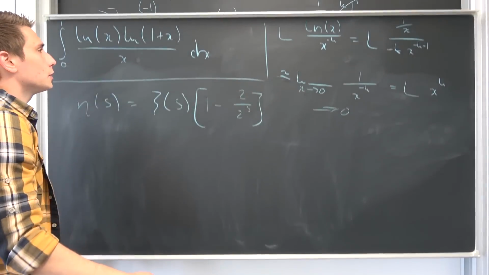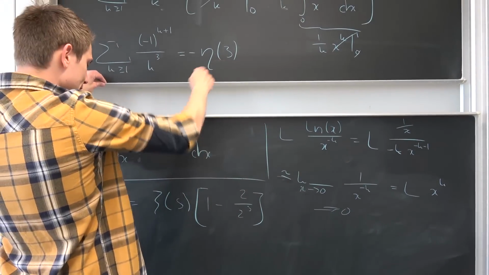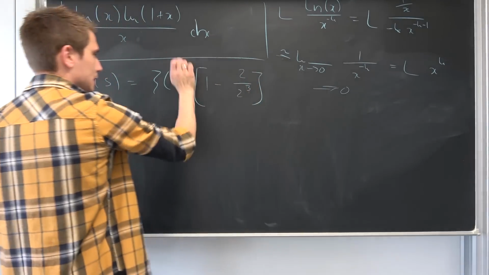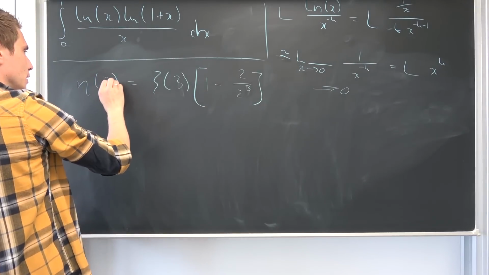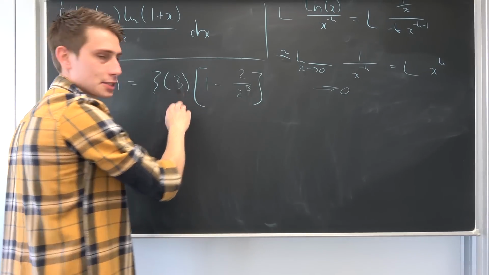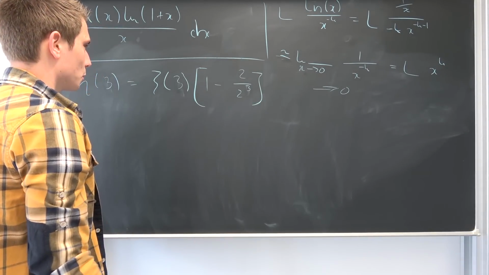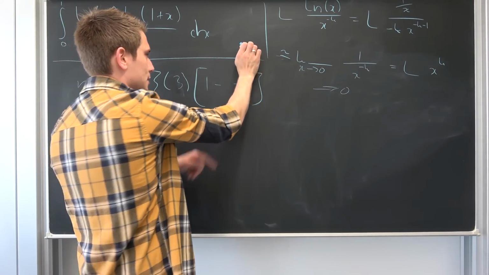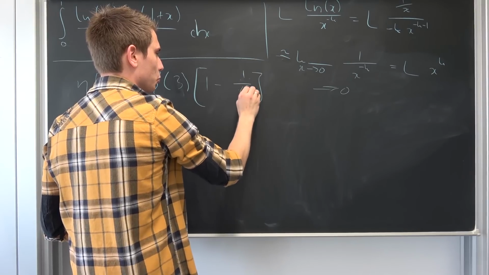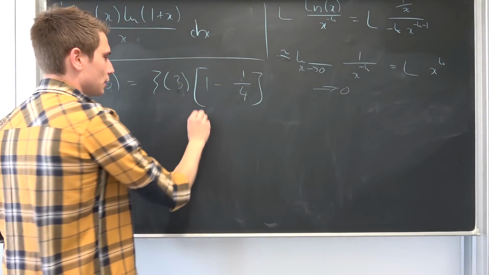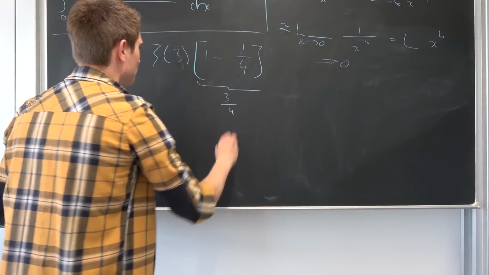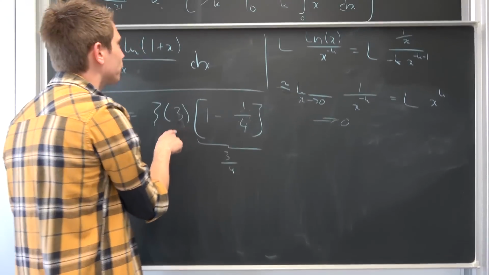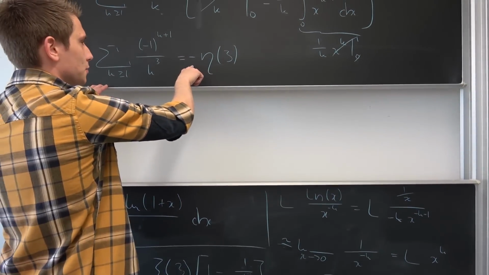If we plug 3 into here, this is going to give us zeta of 3, which is probably Apery's constant the boy was talking about, and then we are going to get 1/4 right here, and then we are going to get 3/4. So overall our answer should be 3/4 zeta of 3, but with a negative sign.